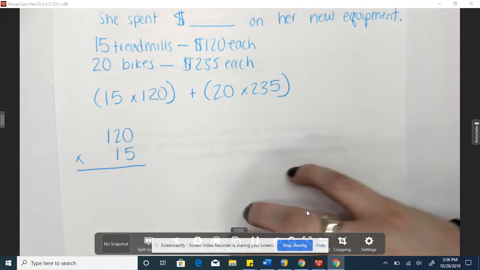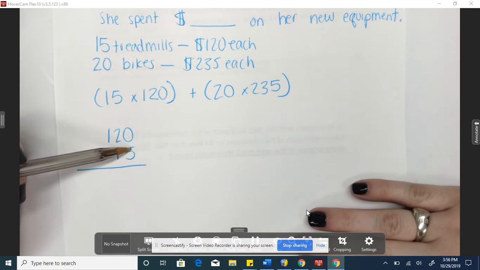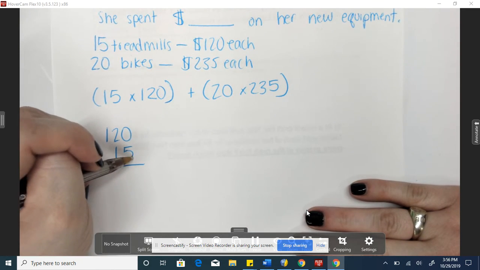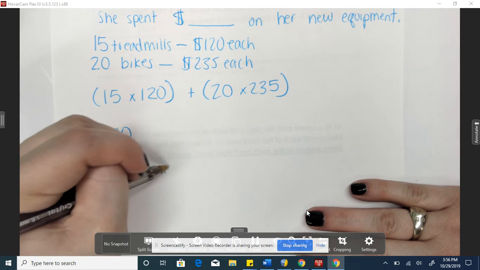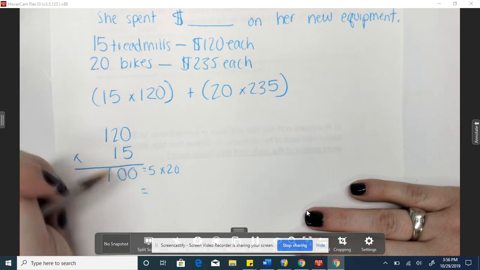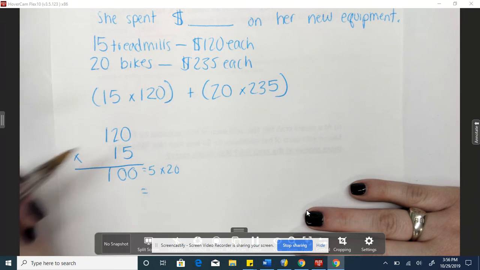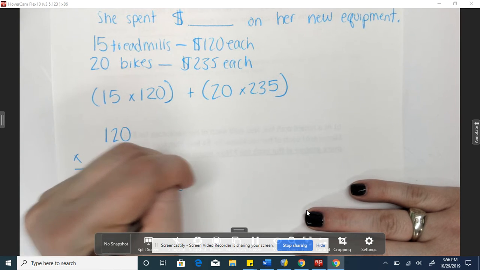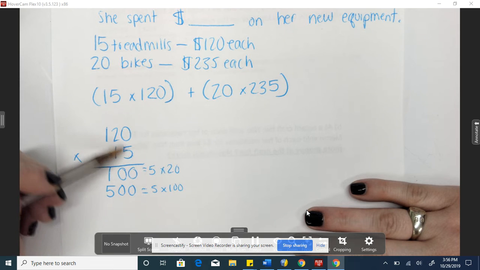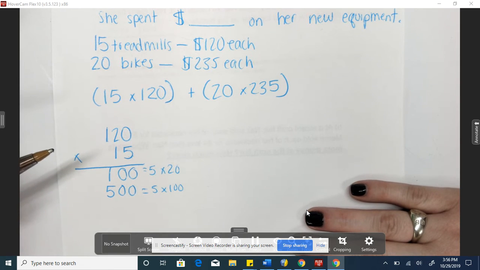Okay. So I see 5 times 0 is 0. So 5 times 20 is 100. Okay. Now I have 5 times 100 is 500. So now I've multiplied 5 by every digit in the top factor.